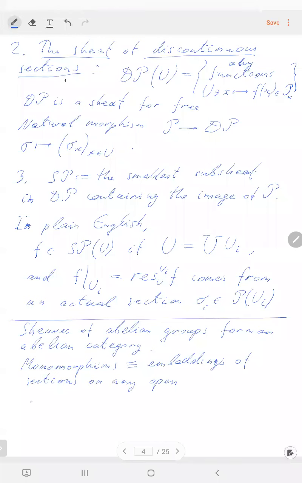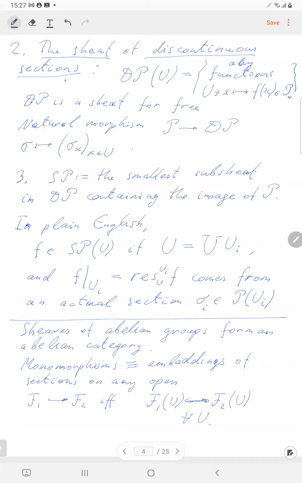So you say that a morphism from one sheaf F1 to F2 is an embedding if and only if F1 of U to F2 of U is an embedding for every U.